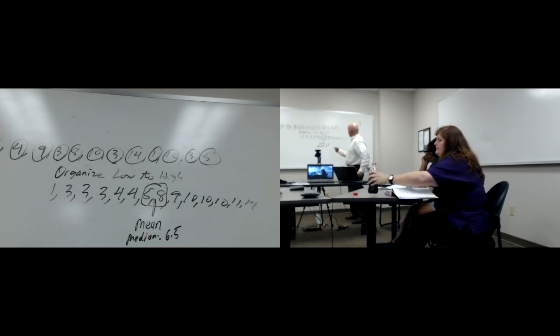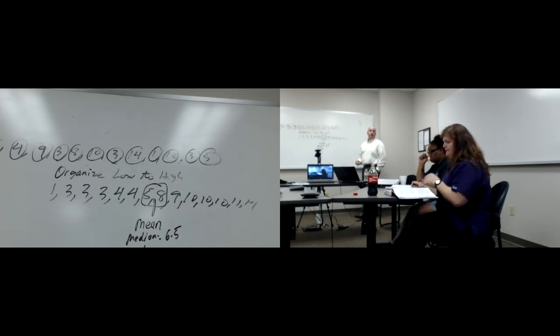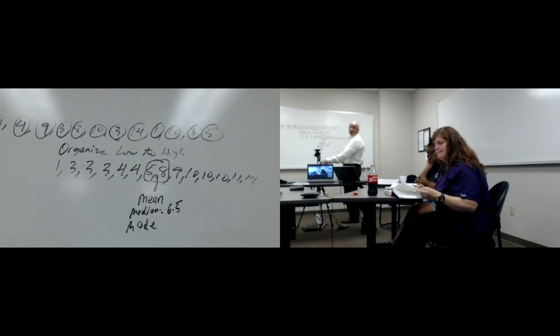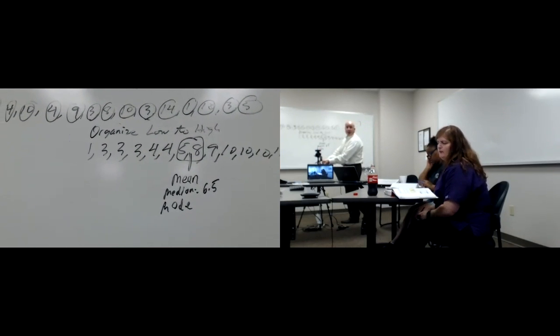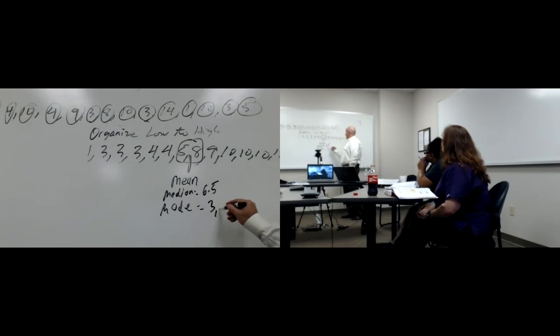Now the last thing, the mode. What is the mode? Very simple. The one that appears the most frequently. So what number appears the most frequently? 3 and 10. 3 and 2.